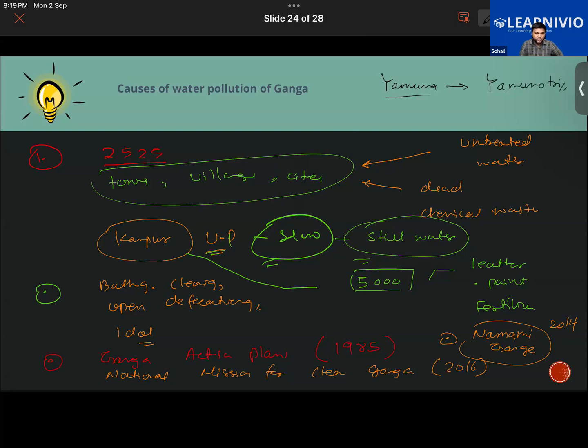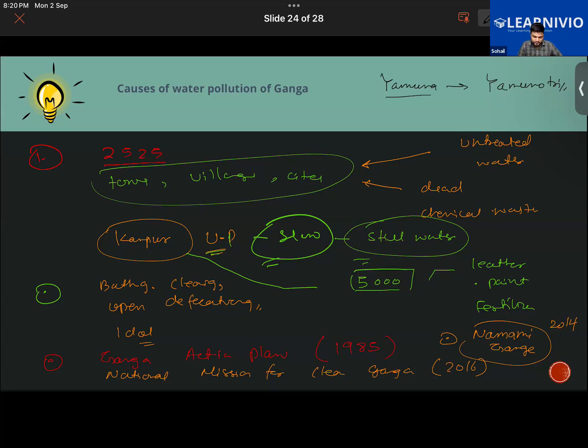From the Yamunotri glacier it originates, and it originates in Uttarakhand. Keep that in mind. It's also one of the large rivers, with a length of around 1300 or 1400 kilometers, I think.